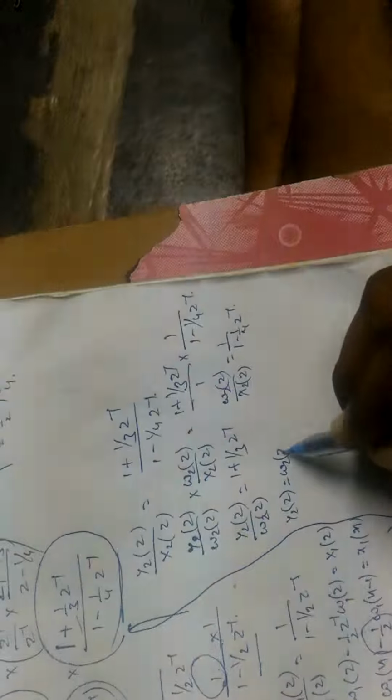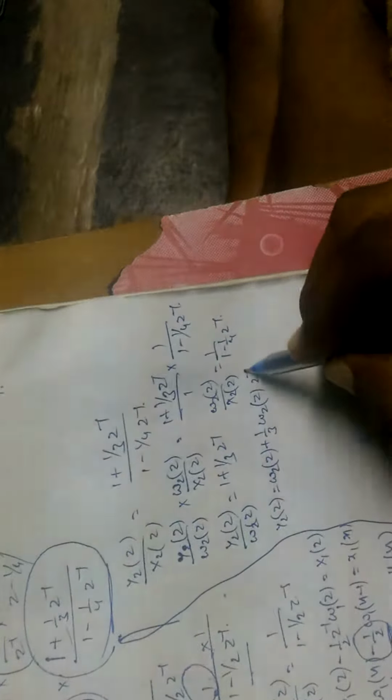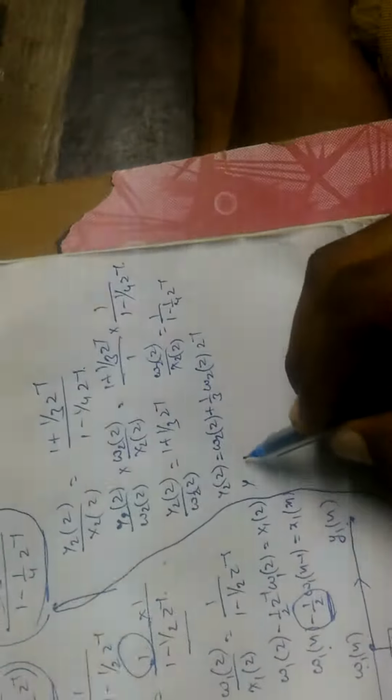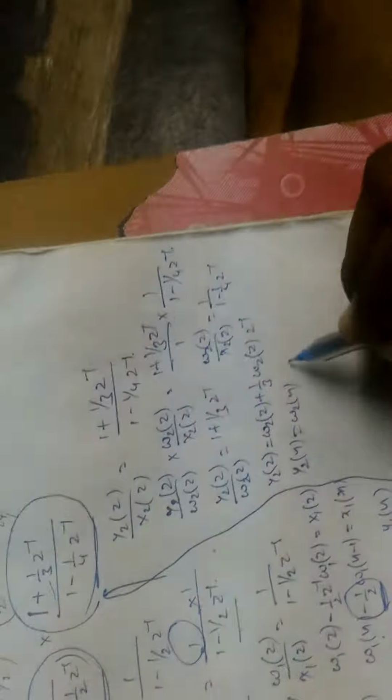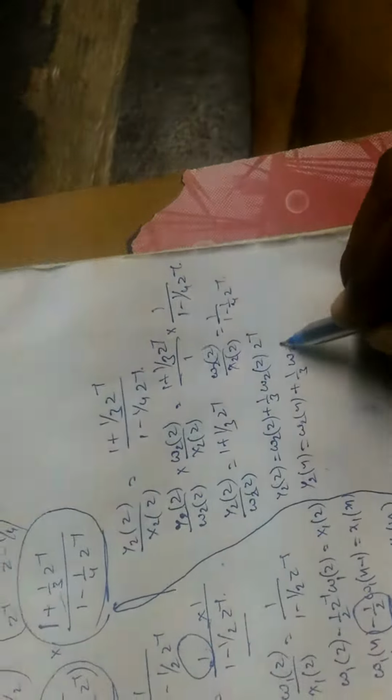Then the inverse Z transform: y2(n) is equal to w2(n) plus 1/3 w2(n minus 1).